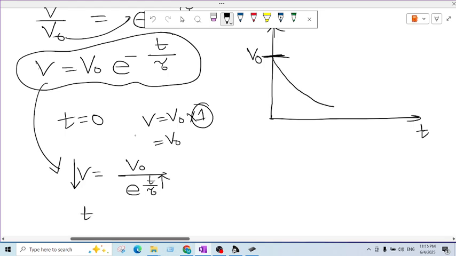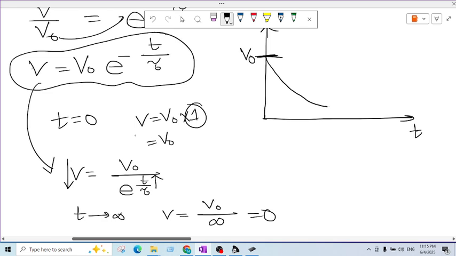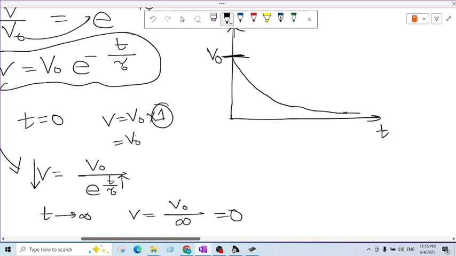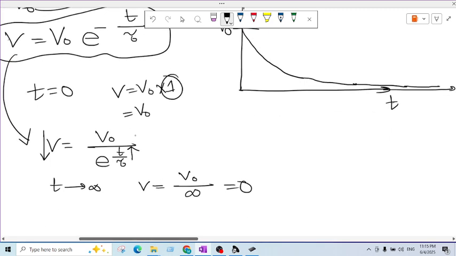When time is infinity, the voltage will become v naught divided by infinity, or 0, right? But infinity is practically not possible. That means this graph will always try to touch the time axis but can never touch it, and theoretically it will touch at infinite time.